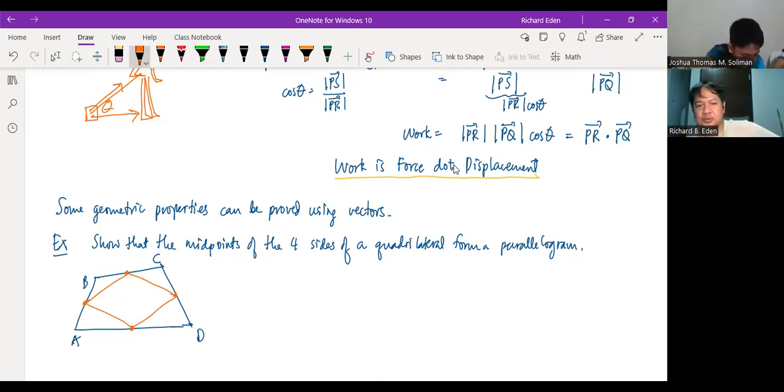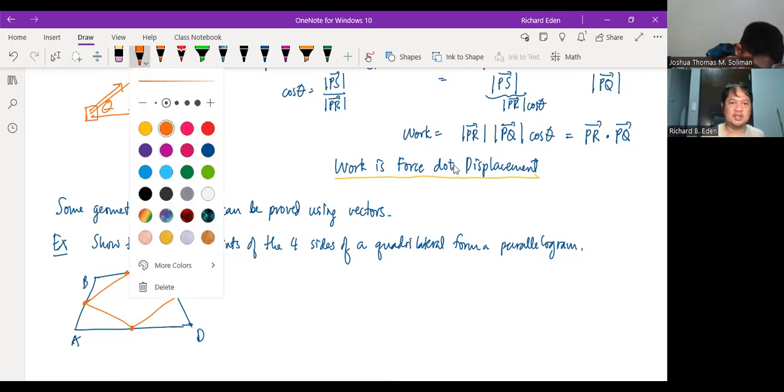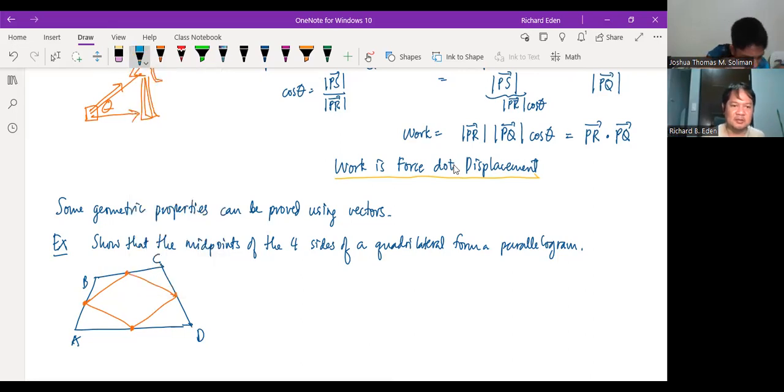It is possible to prove this without using vectors. Here's an easy argument. Okay.